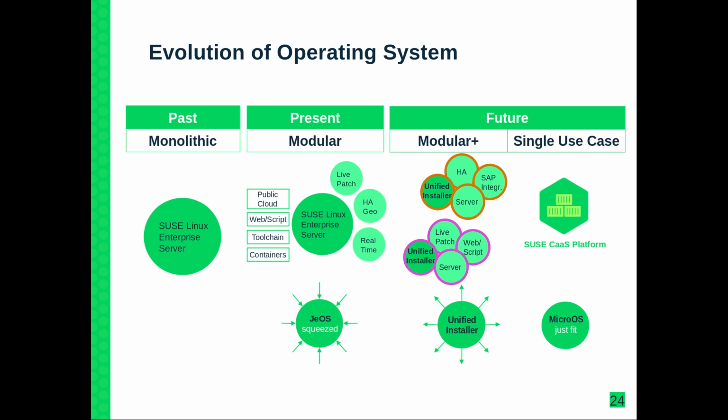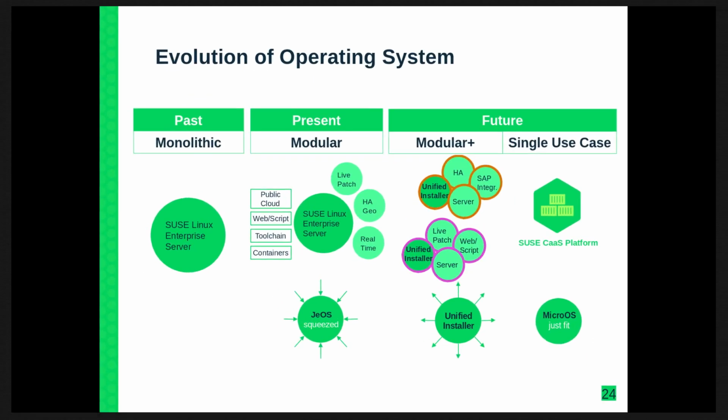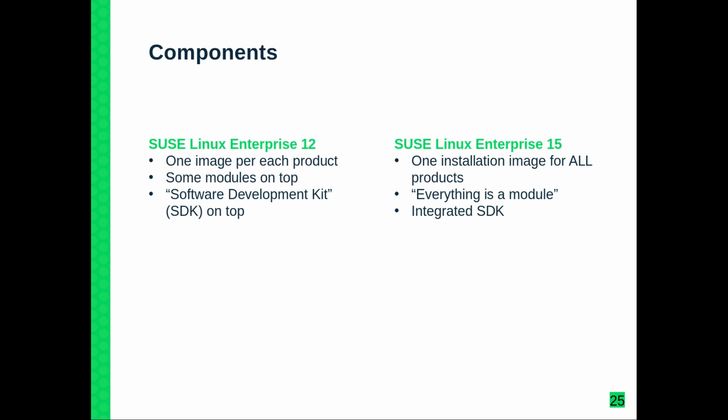If we look at those ideas a little bit more closely, we can see that SUSE Linux Enterprise 12 has the idea of a single image per each product. In other words, if we're installing SAP on top of SUSE Linux Enterprise Server, we download an ISO that is specific to that installation. And that's how SLES 12 or SUSE Linux Enterprise 12 was designed.